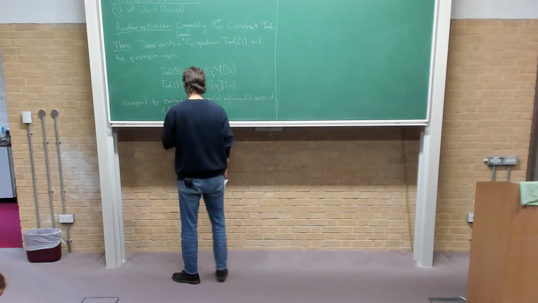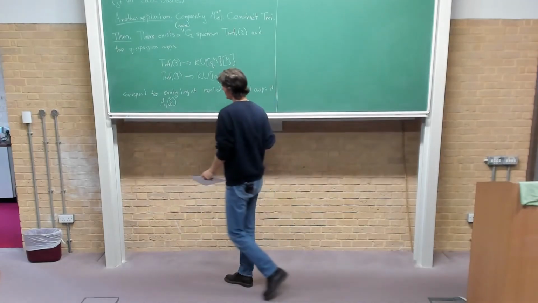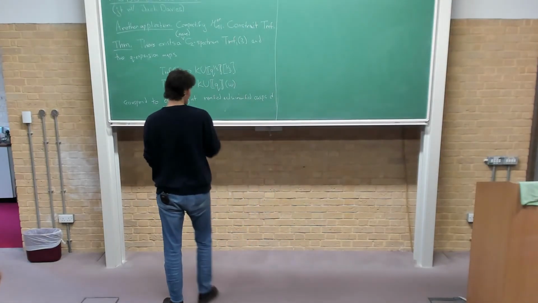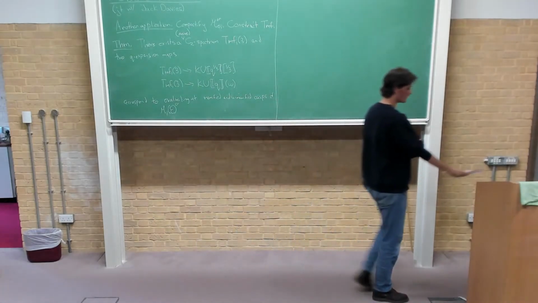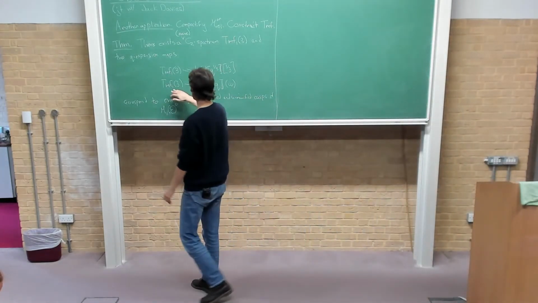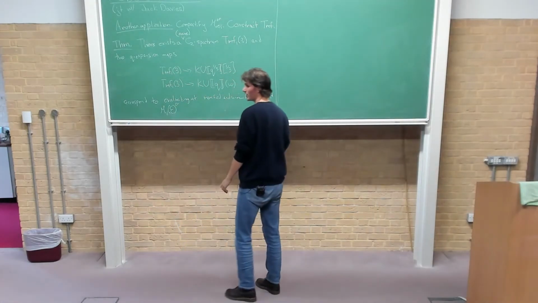And I want 3, 4. So this is a moduli stack of oriented elliptic curves with level structure. This has 2 cusps, so 2 points at which we have to compactify. And these 2 maps are the maps we get when we compactify and then evaluate at that point.